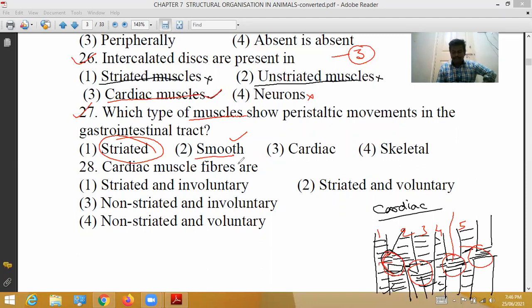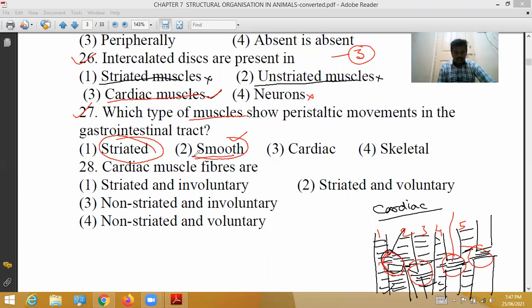Smooth muscles help in bringing about involuntary movements in the body, such as peristalsis. Peristaltic movements occur in the alimentary canal. These muscles are found in the posterior part of the esophagus, stomach, and intestine, which undergo peristaltic movement in the gastrointestinal tract.